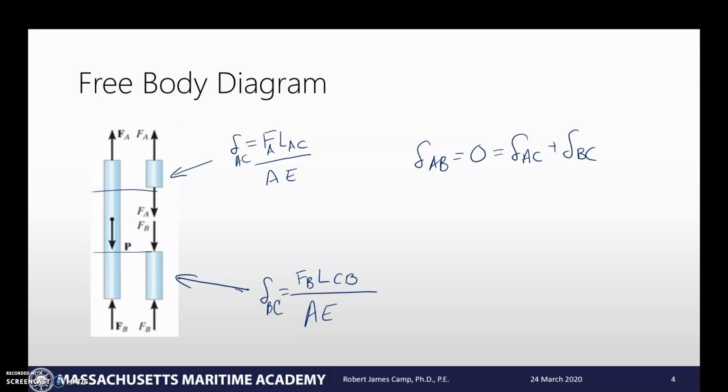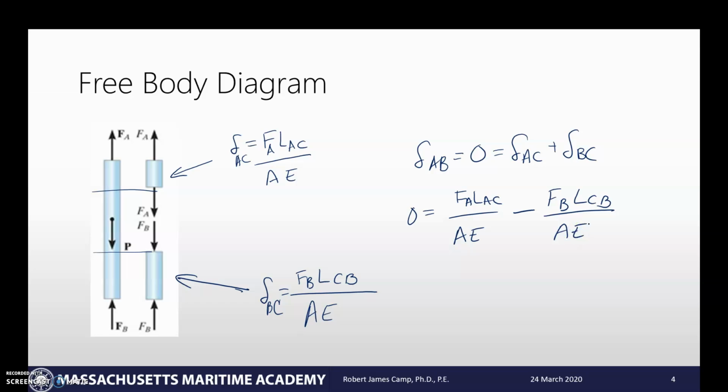With the way that we drew it, FB is going to be that compressive force. So if I put these together, 0 is equal to FA times LAC divided by AE, minus, because FB is compressive and therefore negative, FB times LCB over AE.